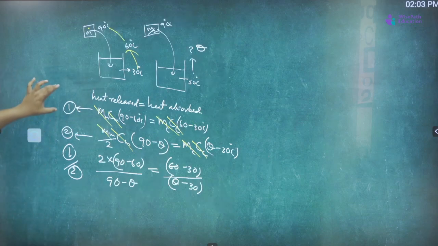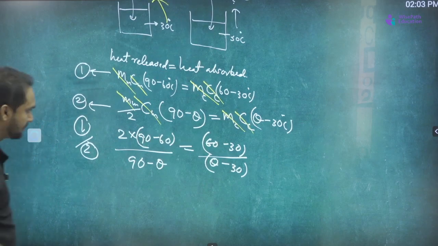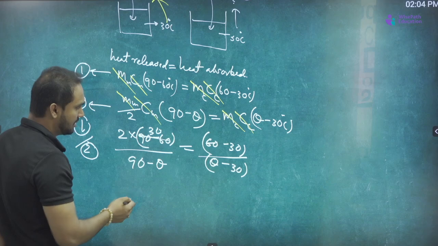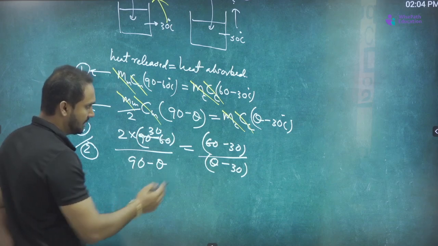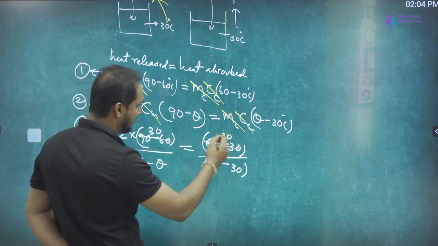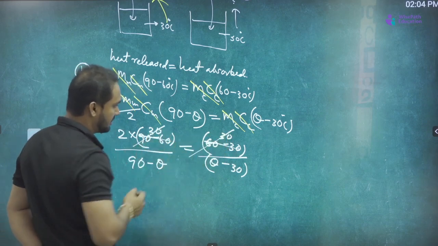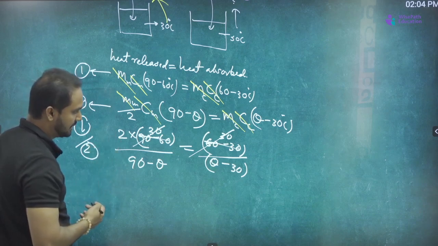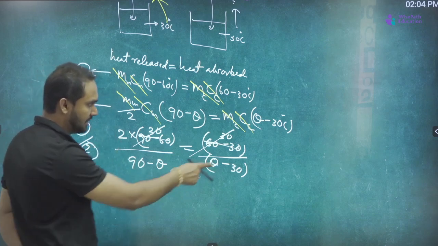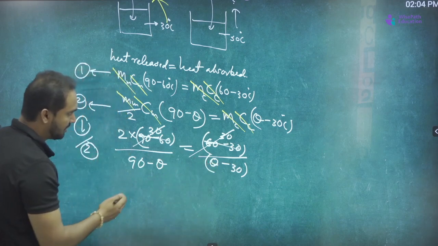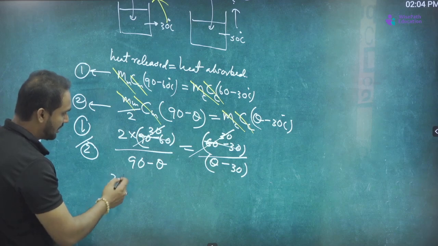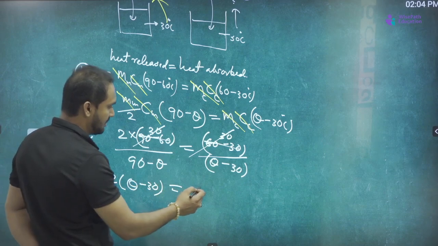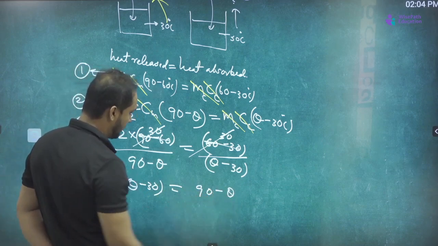So you have to simplify this again. 30 times 2 is actually 60, and this is actually 30, so 30 to 30 cancels out anyway. So there is only 2 here, 90 minus theta is here, theta minus 30 is here. Cross multiply it: 2 times (theta minus 30) equals 90 minus theta.